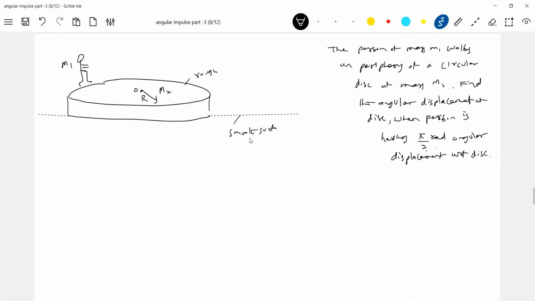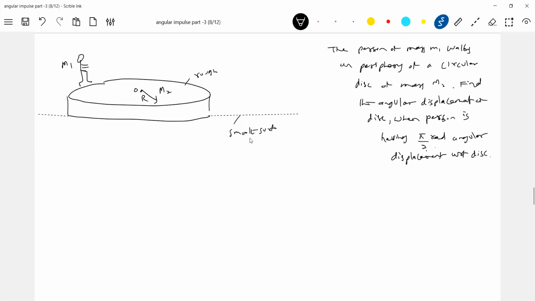Or when he walks a distance of how much? Pi r by 2. 2 pi r is the periphery, pi r will be half of the circumference, then pi r by 2. When he walks a distance of pi r by 2 with respect to the disk.